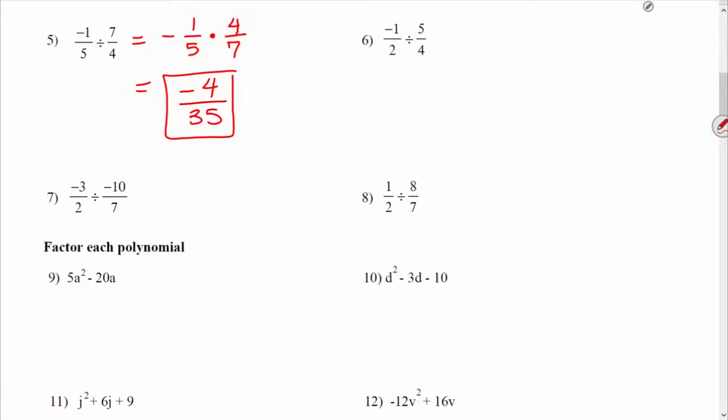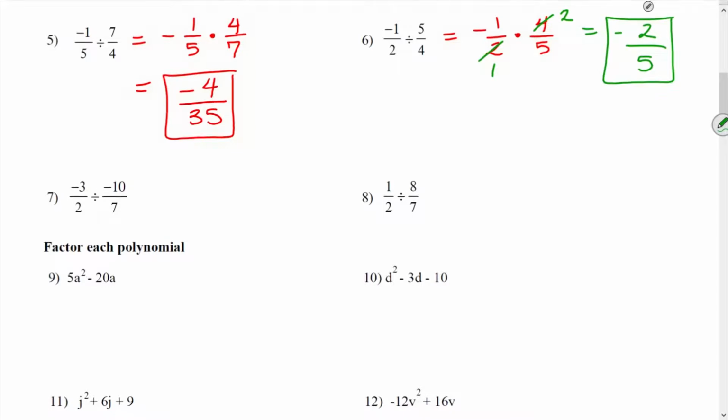Okay, in number 6, I will first rewrite this. I'll keep the first term. I'll change the sign and flip the second fraction over by multiplying by the reciprocal. I then notice that I can cancel off a common factor, the factor of 2. 2 goes into 2 one time, 2 goes into 4 two times, and then I multiply -1 times 2 is -2. 1 times 5 is 5.